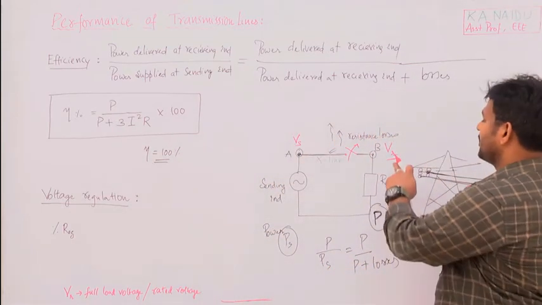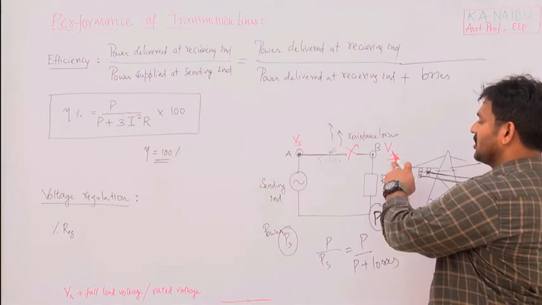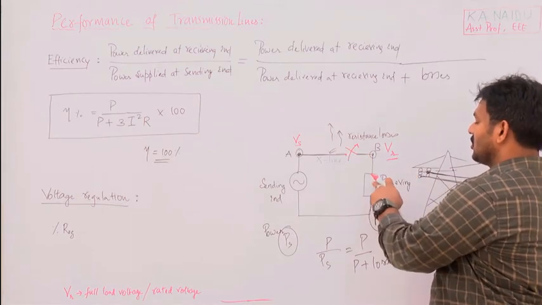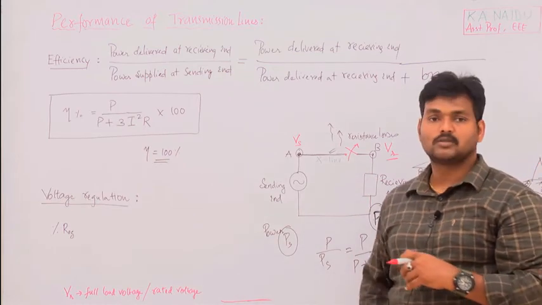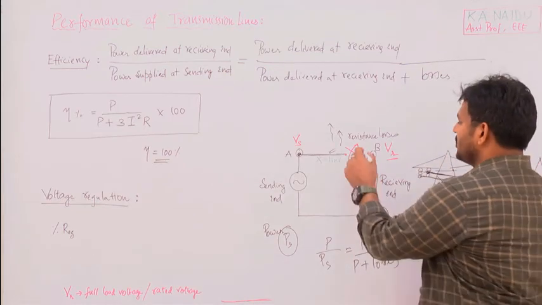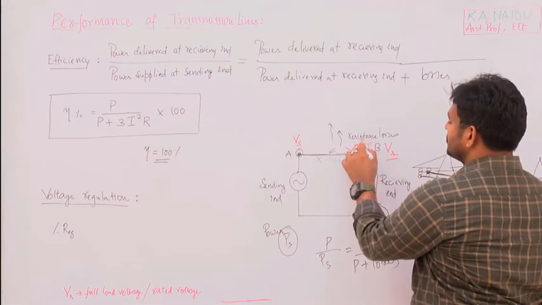Full load voltage or rated voltage is VR, that is, when the switch is closed, the voltage at the receiving end is called full load voltage or rated voltage. Now, assume that the switch is suddenly open.